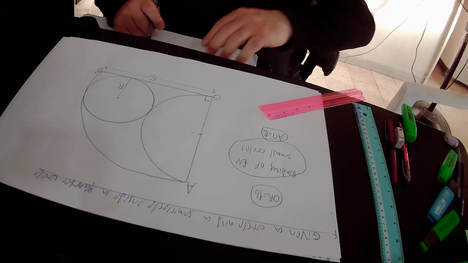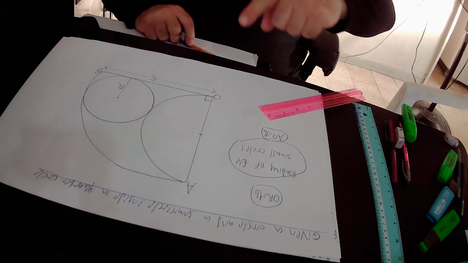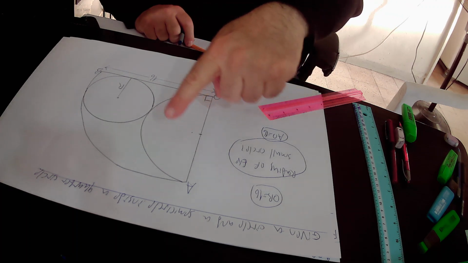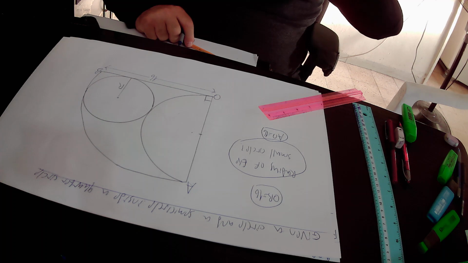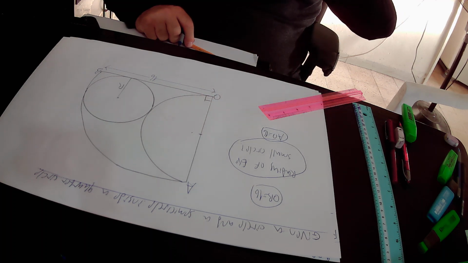And the radius of the quarter circle, AO, is also the diameter of this semicircle. So we know that the diameter of the semicircle equals 16 units in its length.